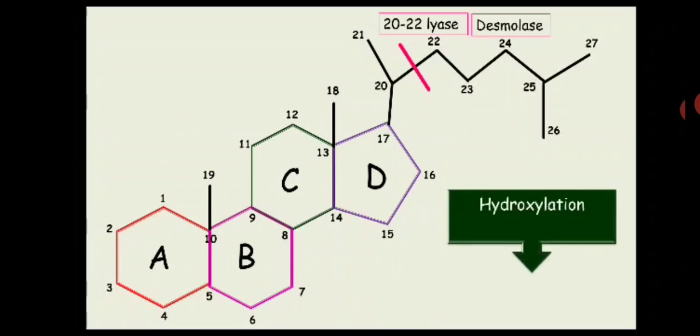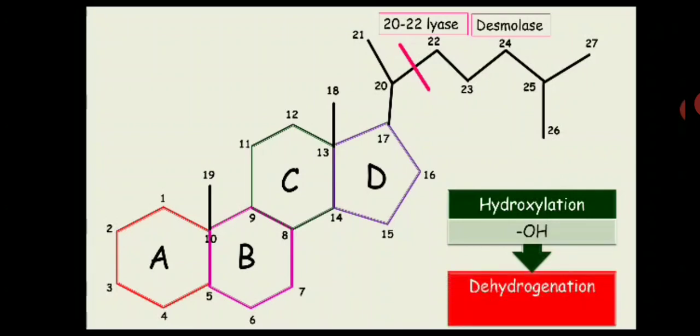Somewhere we add an OH group, and after the formation of this hydroxylation, somewhere we have to remove the H from it. The removal of the hydrogen is known as dehydrogenation. The remaining portion will look like this, a double bond O.